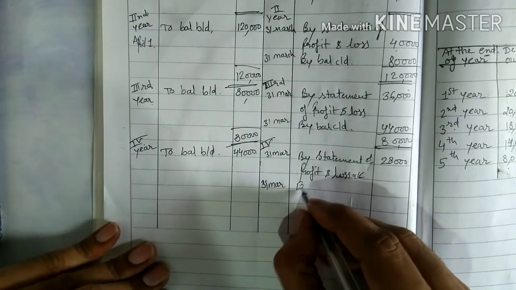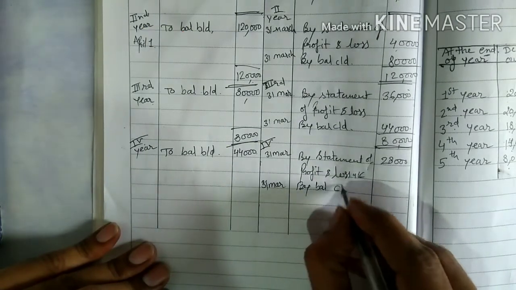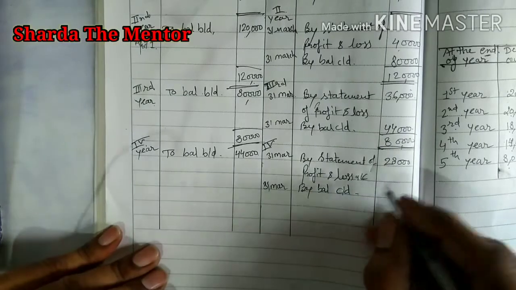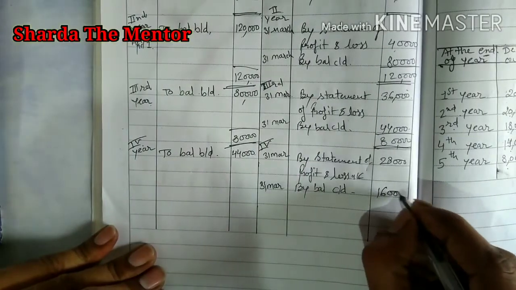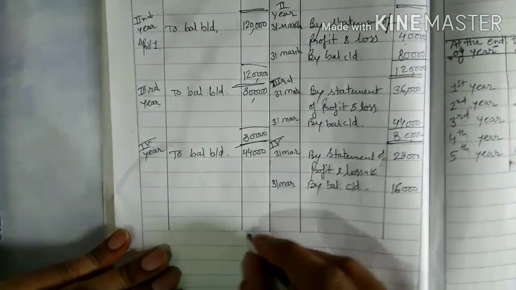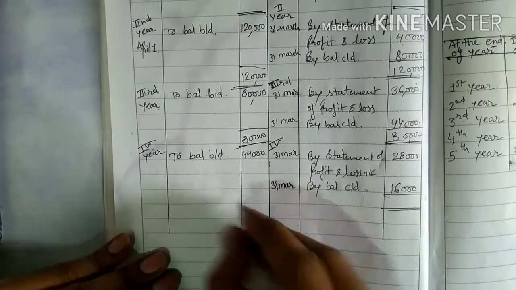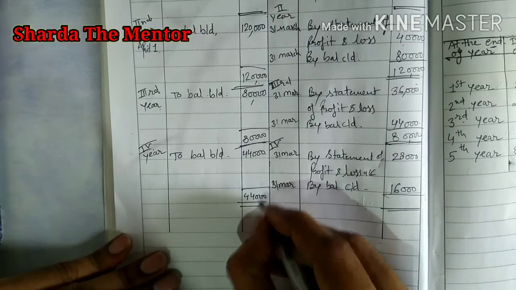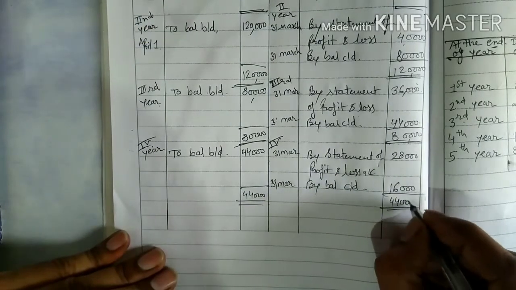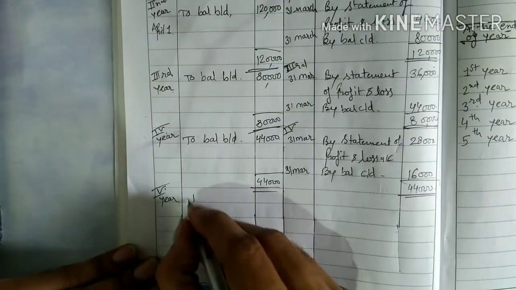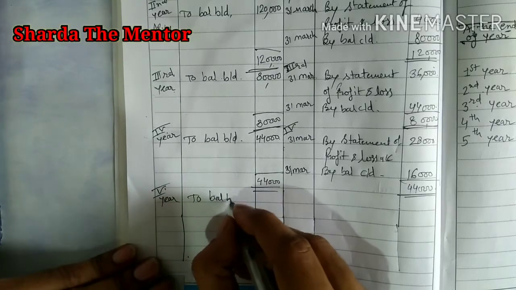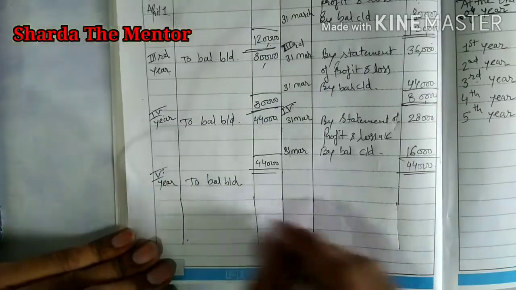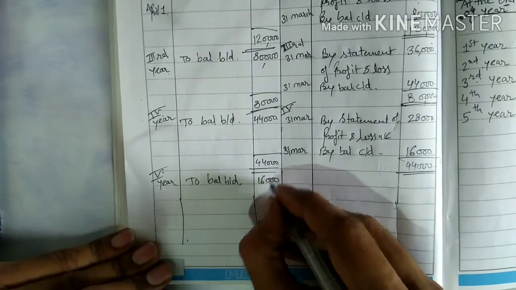On 31st March, the balance will remain 16,000. Now again the totaling of the year, that is 44,000. In the 5th year, to balance brought down, that is 16,000.